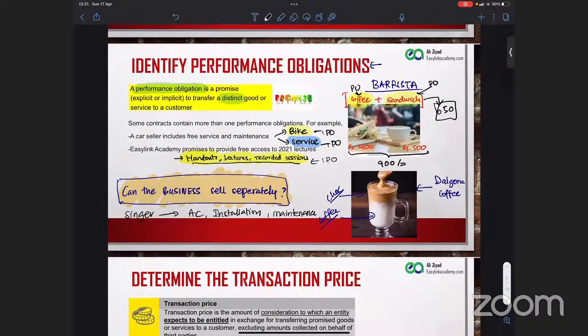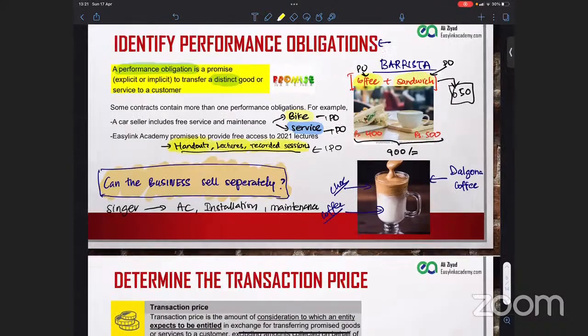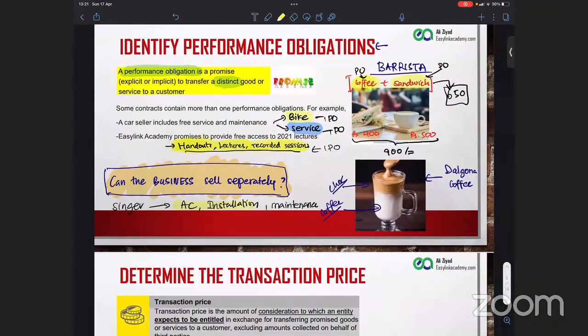The servicing part. Now, my question is, does Singer install if you have bought an AC from some other company? No. Only if you bought the AC from them, they will install it.